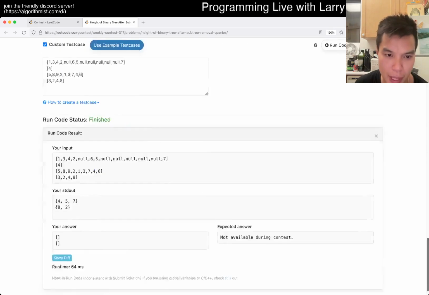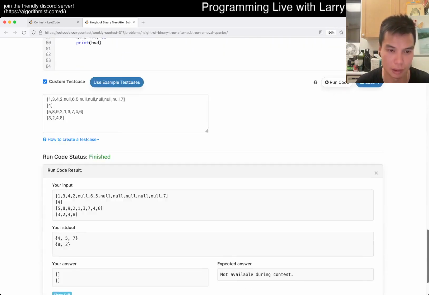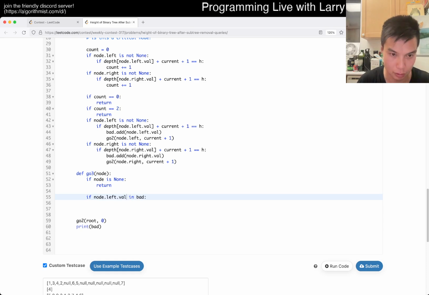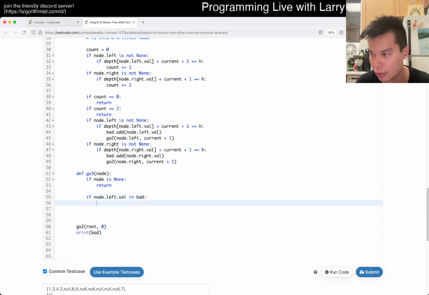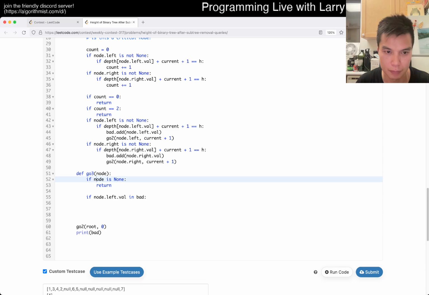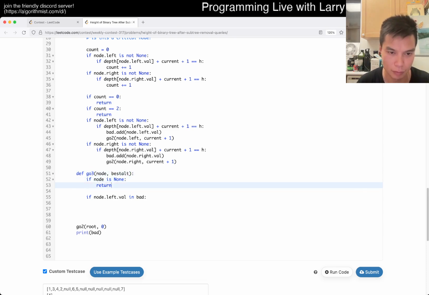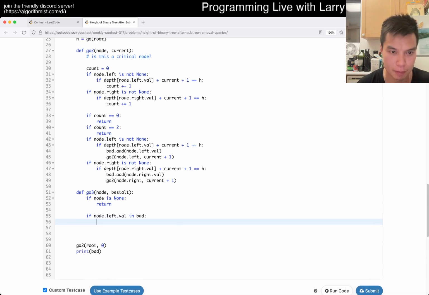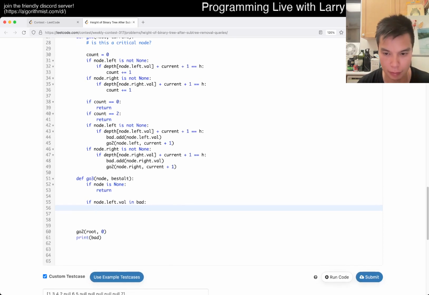If node.left is in bad, dot value is in bad, okay. If this is bad, then if this isn't bad, if neither of them matters, then we just don't care about processing anymore, right?